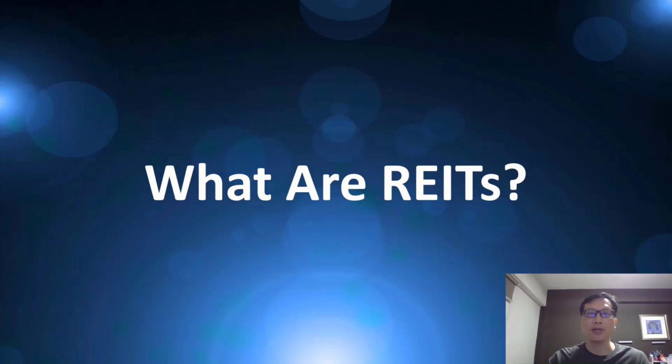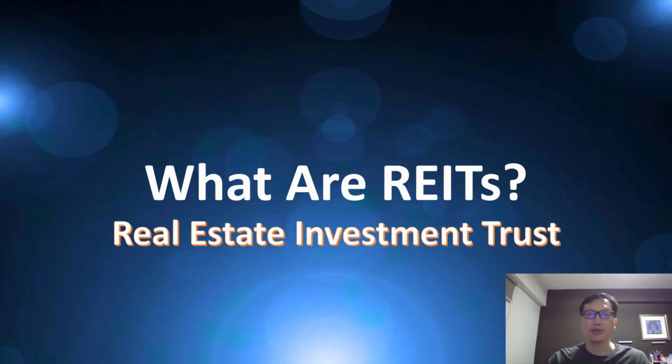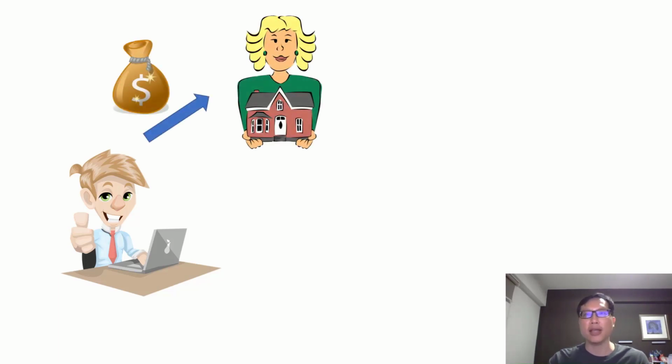REIT is an acronym for Real Estate Investment Trust. It describes a company or business set up for a very specific purpose. Now, imagine you have some spare cash and you are looking to invest in a house for rental income. You can either do everything yourself or you can hire a real estate agent to hunt for that ideal house for you.